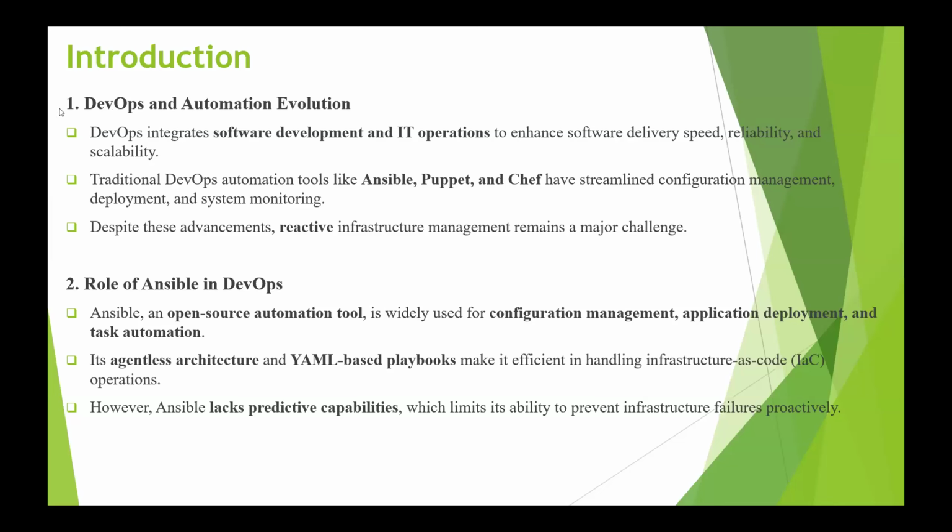The role of Ansible in DevOps. Ansible is an open source automation tool, widely used for configuration management, application deployment, and task automation. However, Ansible lacks predictive capability, which limits its ability to prevent infrastructure failure.